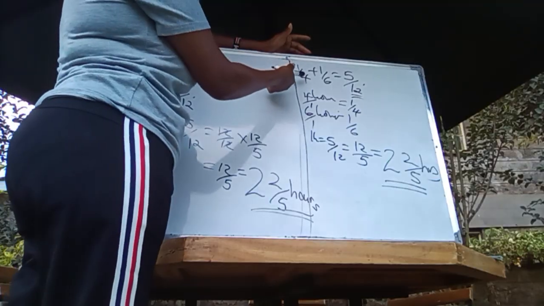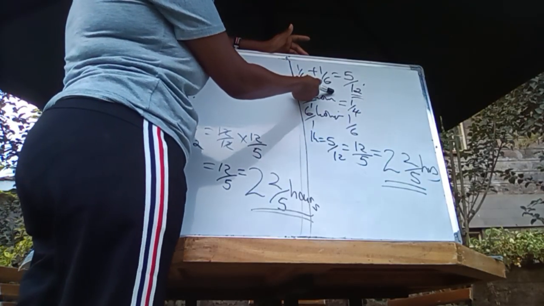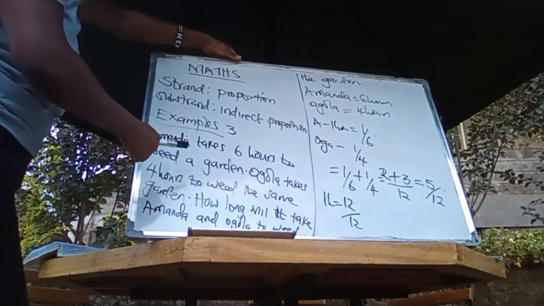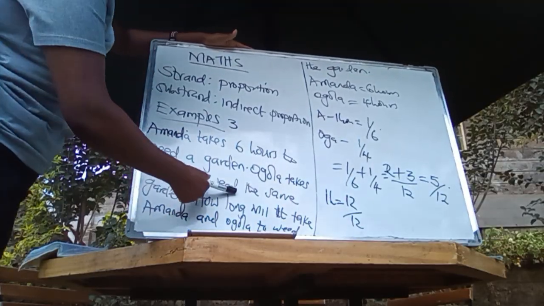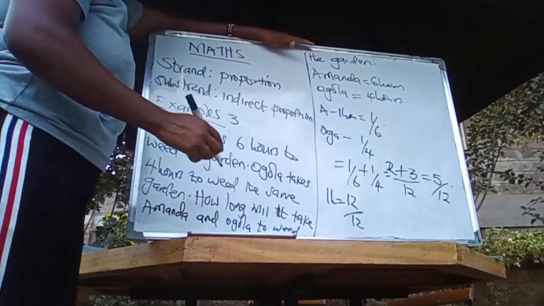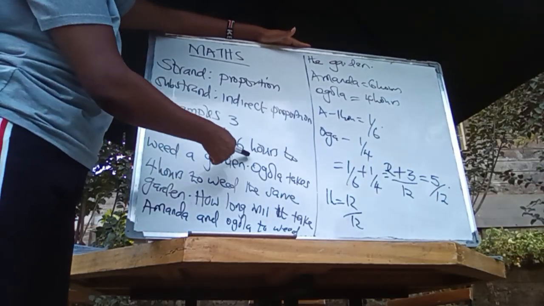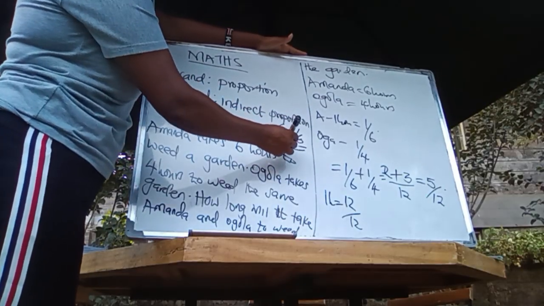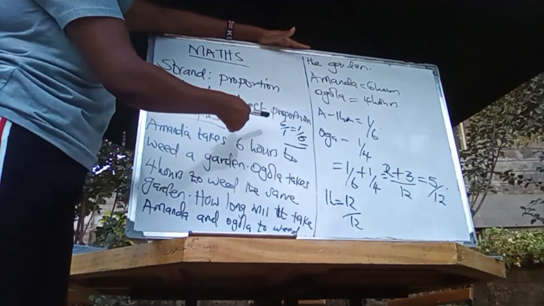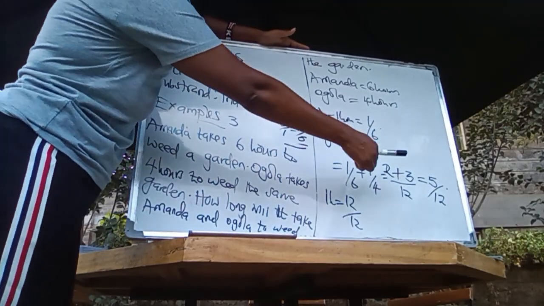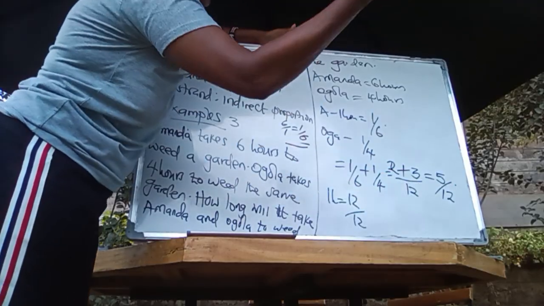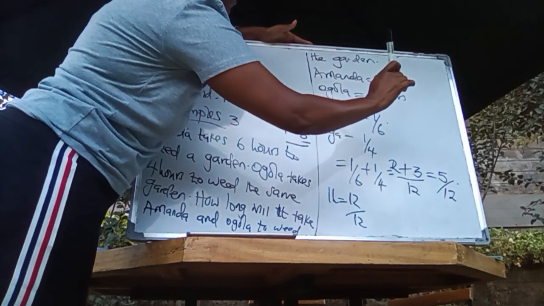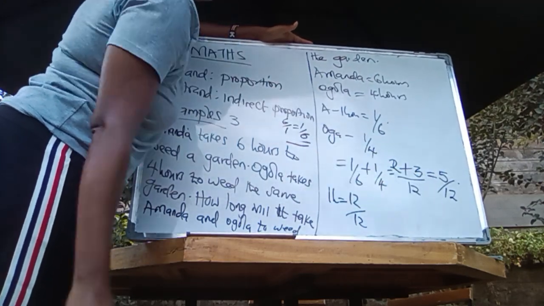You remember we used the reciprocals of 4 and 6. We were given 4 hours and 6 hours, and for 1 hour Amada does 1 over 6, the reciprocal of 6 over 1. So we used the reciprocals of our hours. After getting the answer 5 over 12, instead of asking ourselves 12 over 12 for 1 hour, we can just give the reciprocal of the answer, and the answer will still be correct.